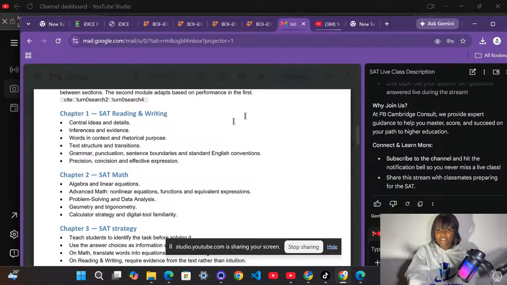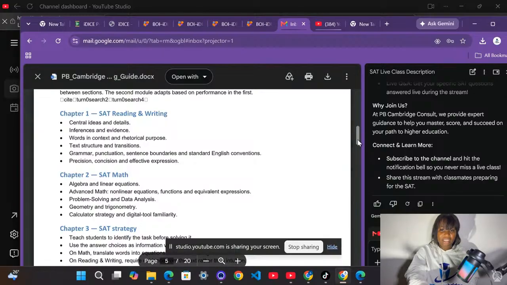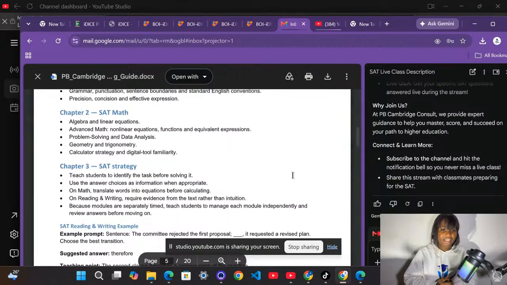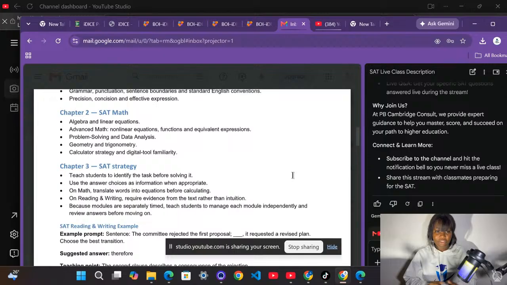So the next point we're going to look at is the SAT strategy. In the SAT strategy, I'm going to teach you how to identify the task before solving it, how to use the answer choices as information when appropriate, and for the math aspects, how you can translate words into equations before calculating.